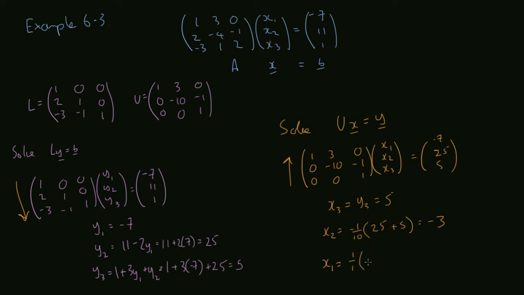We're going to have -7 minus 3 lots of x2, so that's going to be plus 3 times 3, plus 0 times x3. So -7 plus 9 is 2. So our solution to this system of equations is x1 is 2, x2 is -3, and x3 is 5.